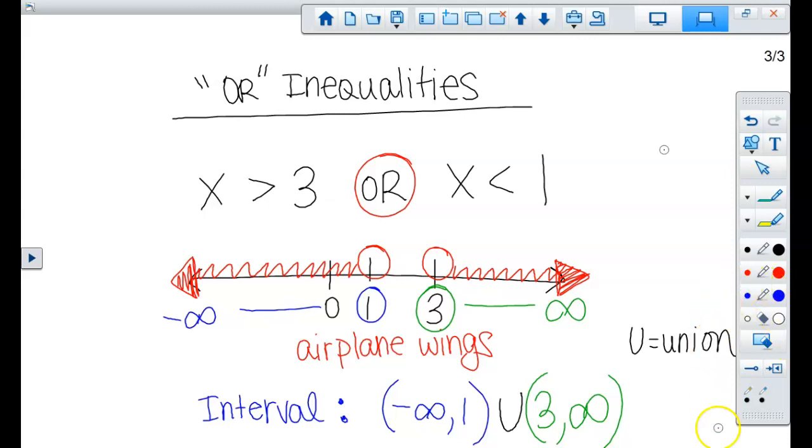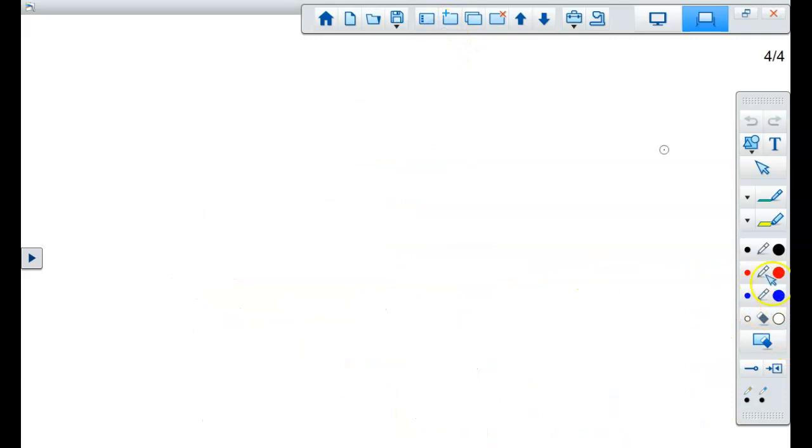All right, so that's the basics. Now, what we are going to do is take this idea of a compound inequality and put it with what you've been doing through the rest of this week. So we are going to be solving these compound inequalities.